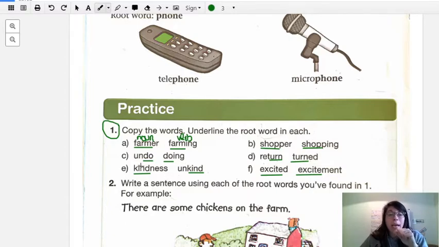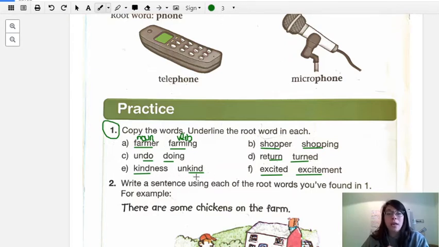Okay? Kindness is a feeling. Okay? So it's a thing. Kindness, or you can demonstrate or show kindness by smiling. But when someone is unkind, it means that they are not kind, that they do not show kindness. Okay?